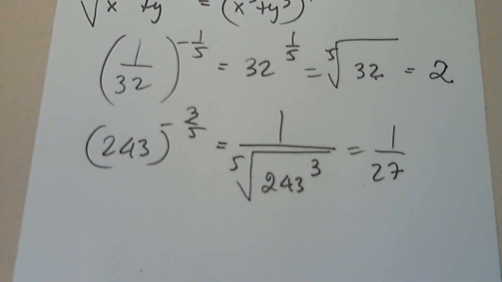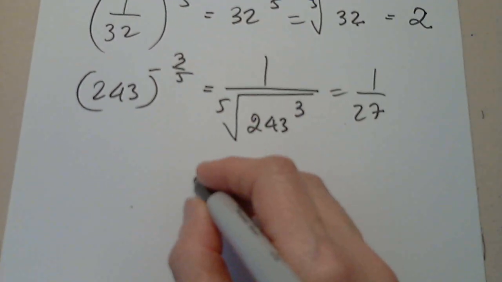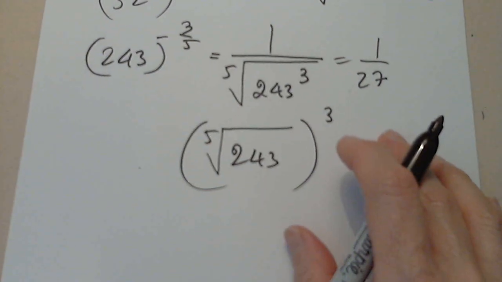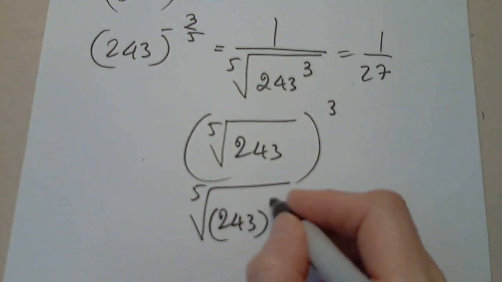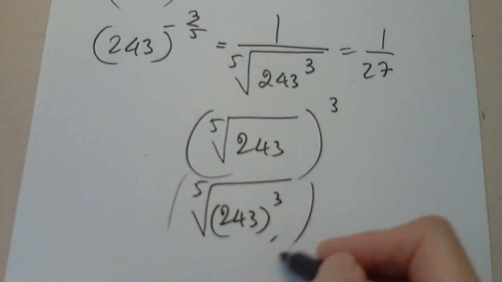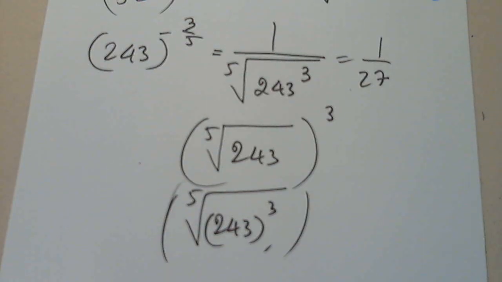Oh, so you can do the 5th root too? Yes, very good question. And then do it later. So I can have the 5th root of 243 to the 3rd, or I can have the 5th root of 243 to the 3rd. They mean the same thing. Yes. I'm sorry, where did 27 come from?